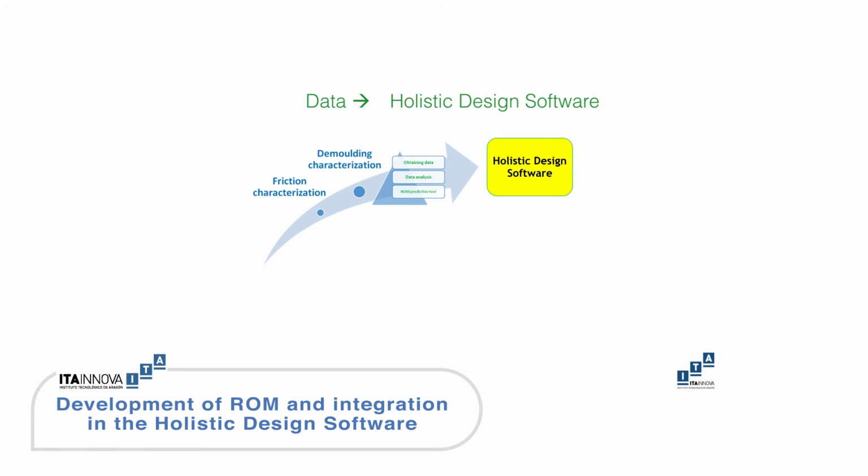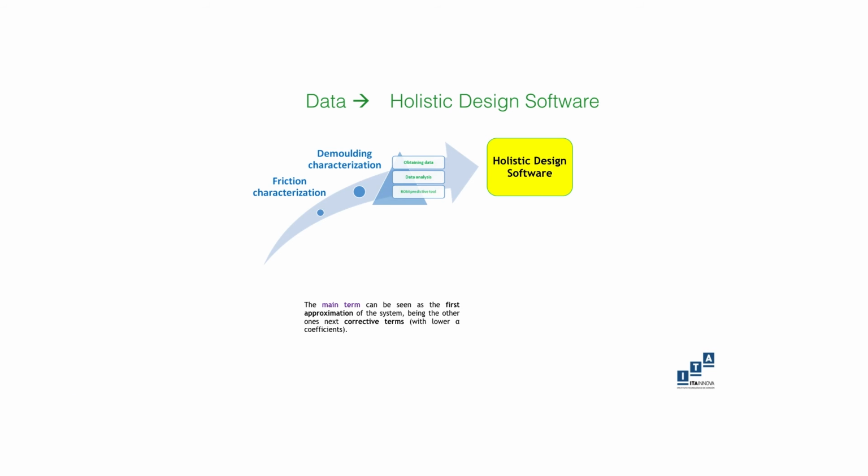At this stage of the workflow, data have been obtained from friction and demolding characterization, and these data are analyzed with reduced order modeling to be plugged into the holistic design software.